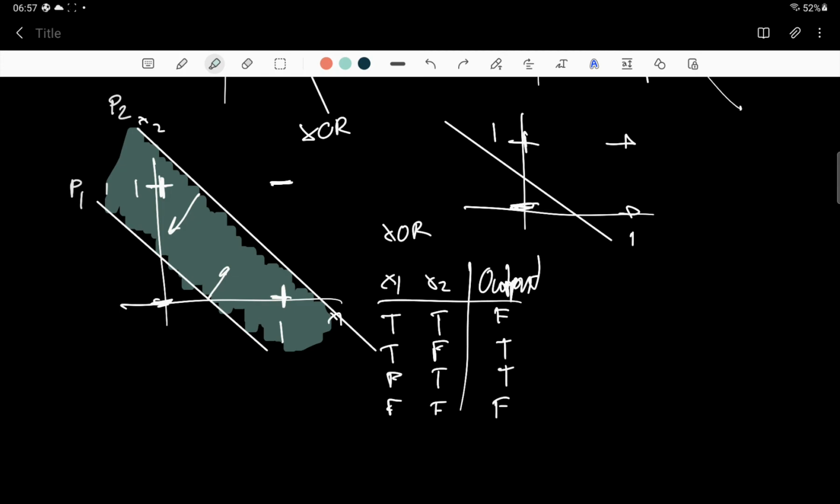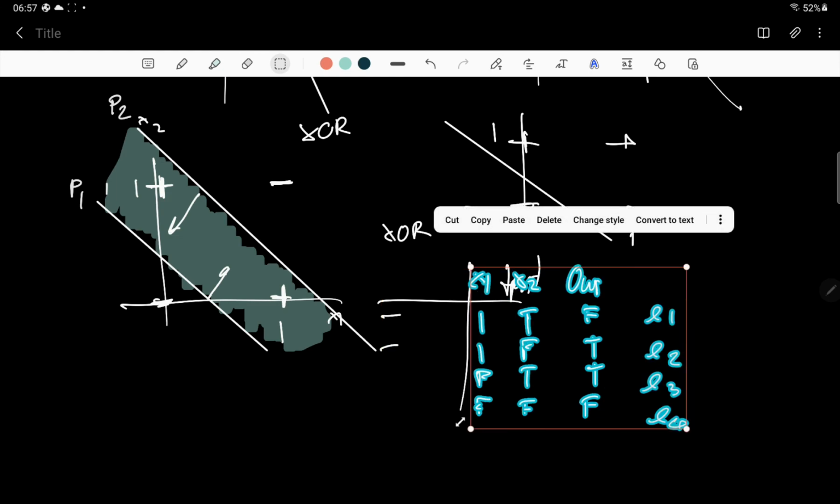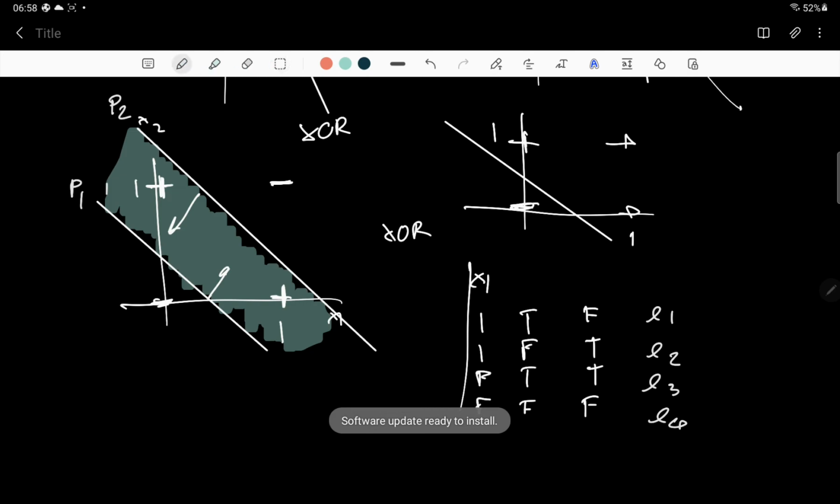Okay, so now if I name these E1, E2, E3, and E4, I will draw a table again like this with X1, X2 and output.